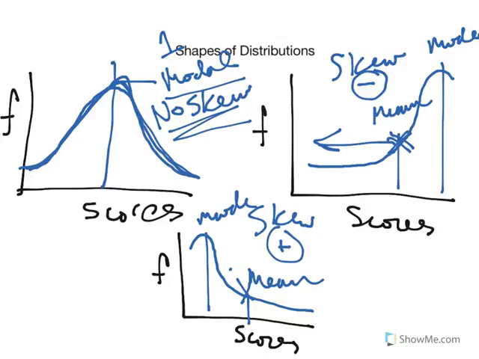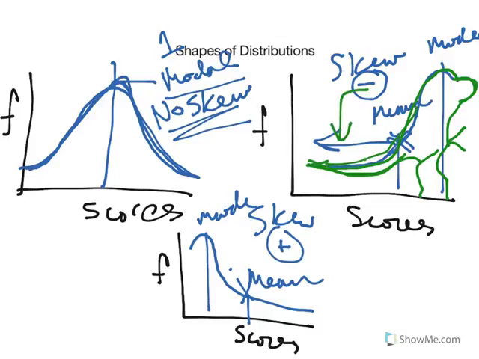Okay? And you can think of it as where the tail of the distribution is. So this area down here is sometimes called the tail. So if you think about it as a dinosaur, roar, right? Its tail goes down here, and that tail indicates where the skew is. And so this is negative skew, or sometimes it's also called left skew, because that's the side that the dinosaur's tail is on.